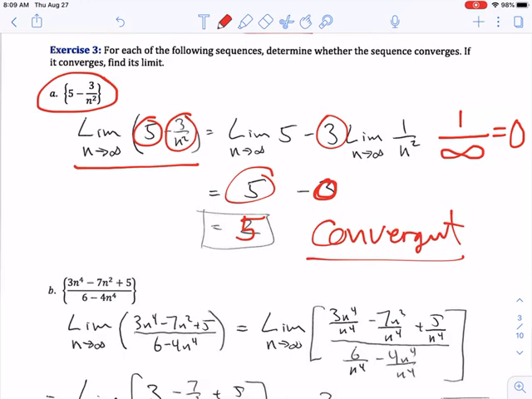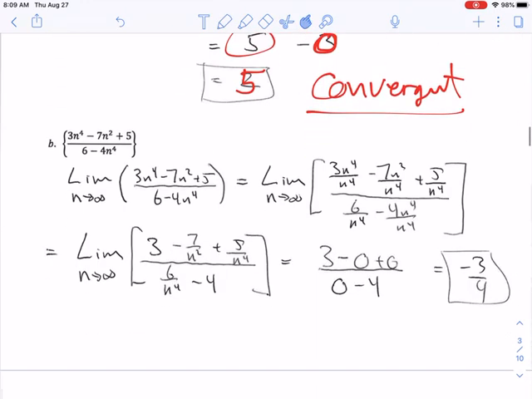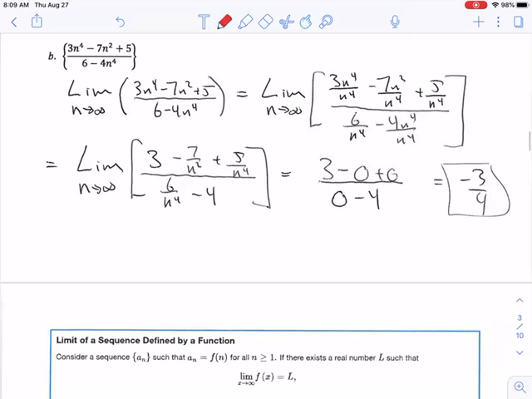All right, the second one is another technique that we're going to use. You have a polynomial function in the numerator and a polynomial function in the denominator of your sequence.